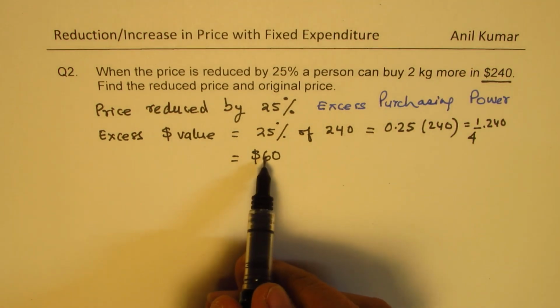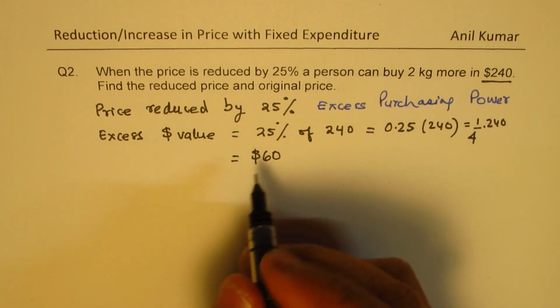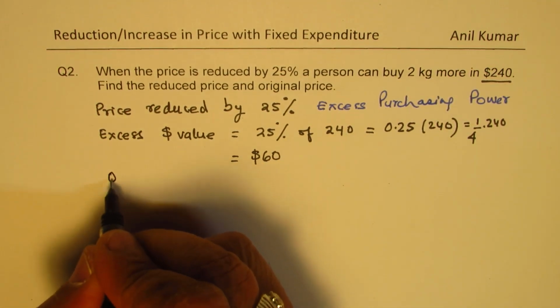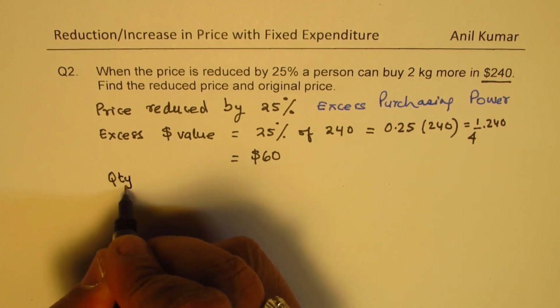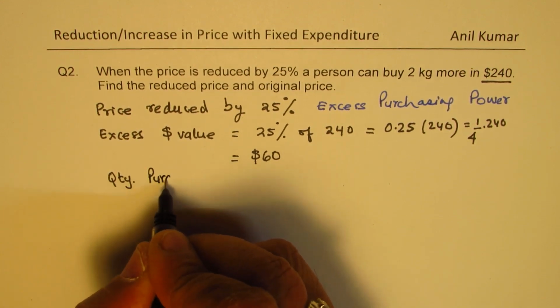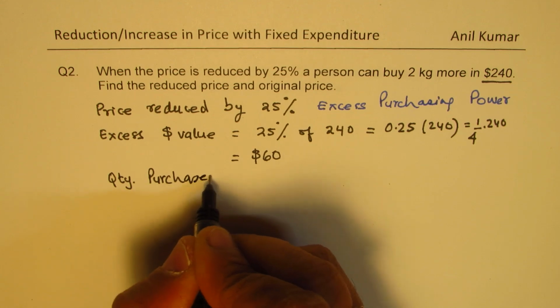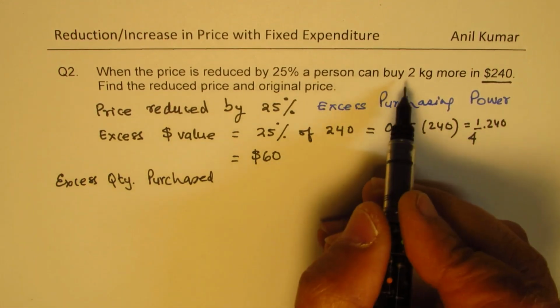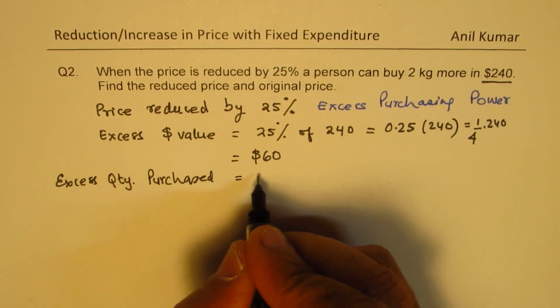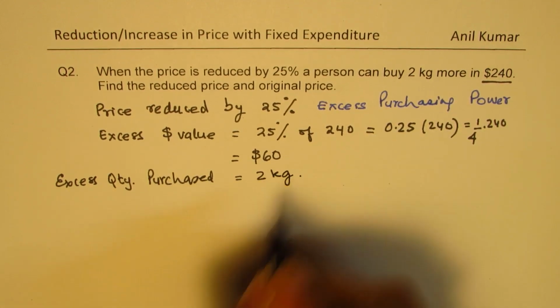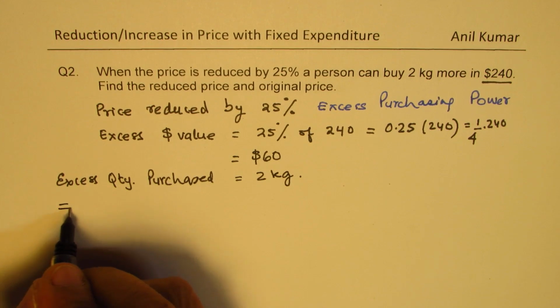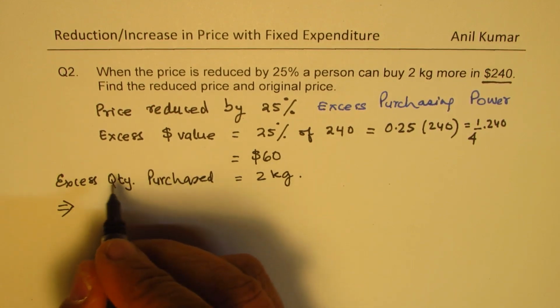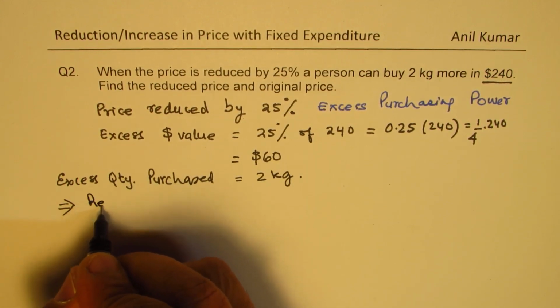And what do you do with this? You buy 2 kg more. So excess quantity is 2 kg. Therefore, this implies what is the reduced rate?